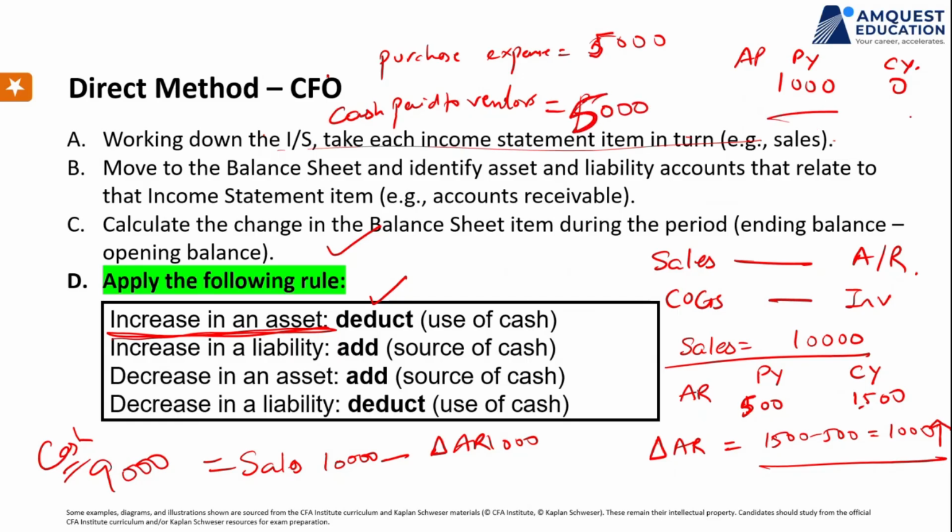But because there is a decrease in liability, the liability decreased, right? In the current year, my liability has gone from 1,000 to 0, which means I'm going to simply subtract this 1,000 from here.